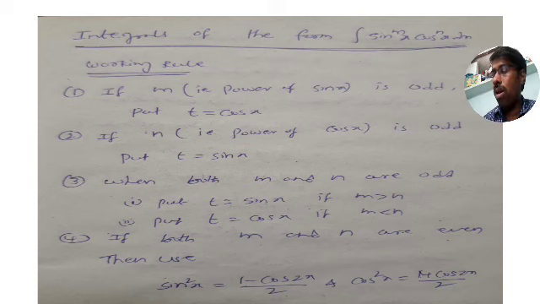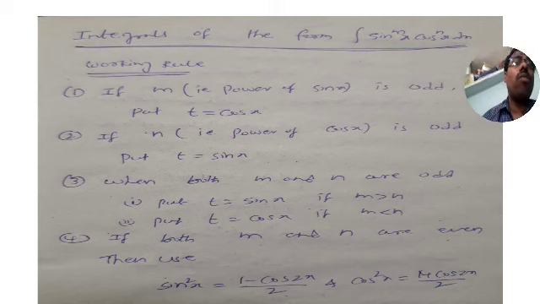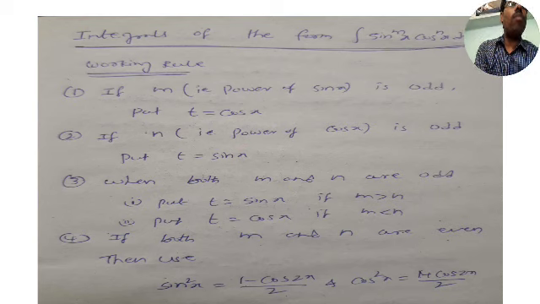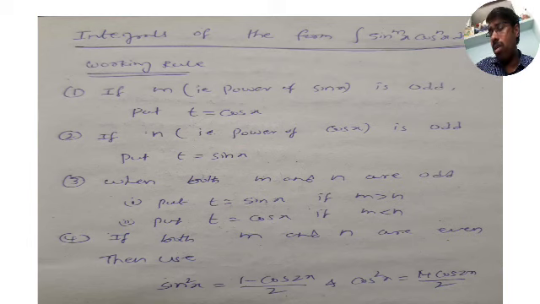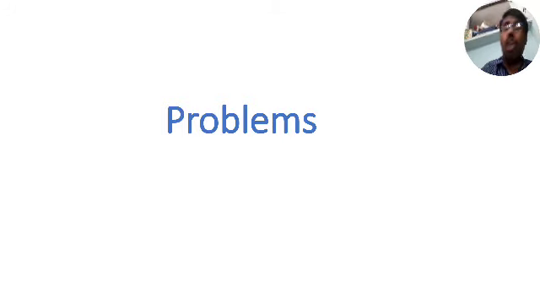Then let us go to the problems part. For the next half an hour we are going to deal with only the problems of this method. I think you are clear with the procedure and the working rule, so now I can move into the problems. Can I start the problems?